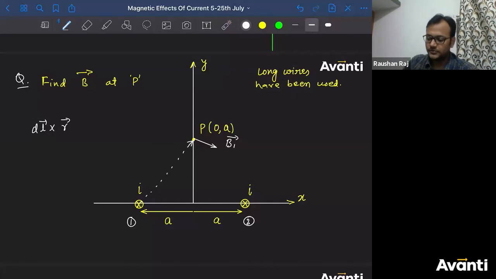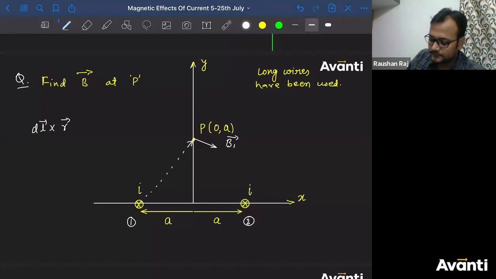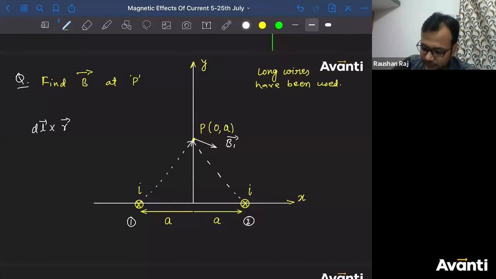What about B2? Draw R vector here. यहाँ पे R बनाएंगे, ठीक है? So this is the R for this one. What should be the direction of this B2? It should be perpendicular to this one. So draw a perpendicular here.